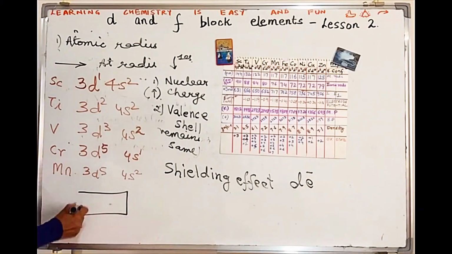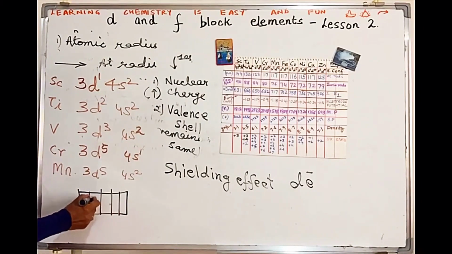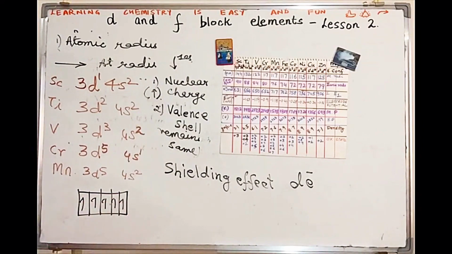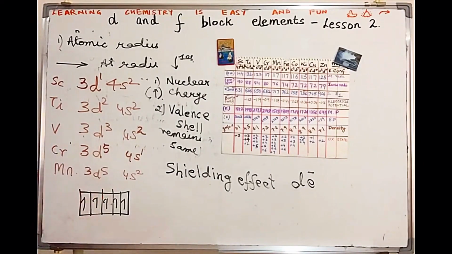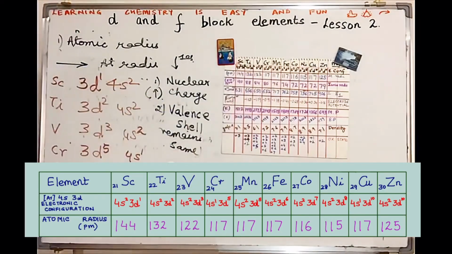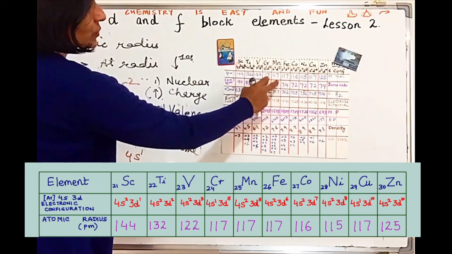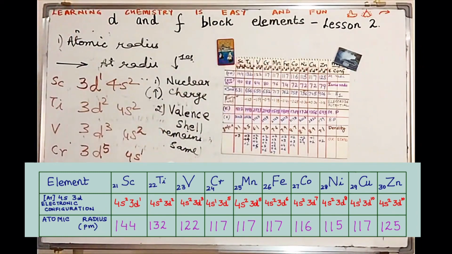Moreover, each of the orbitals is singly filled, right? 3d5 is what it indicates. So the electronic configuration being similar, we find that there is no change in the atomic radii between these three elements, chromium, manganese and iron, which is 117, right?